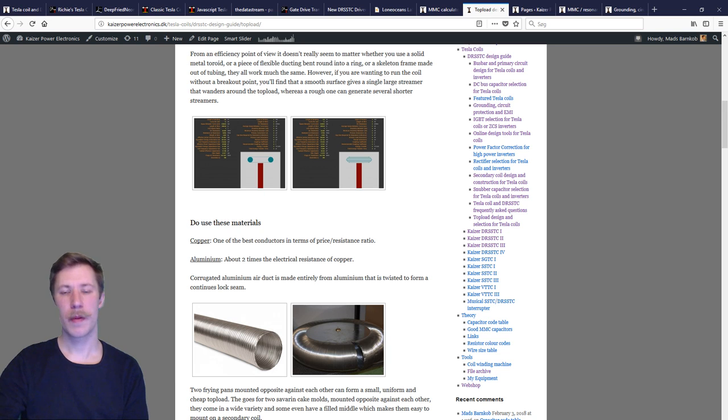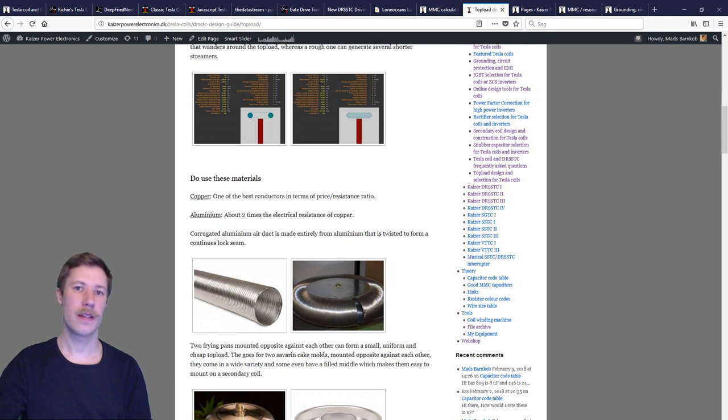Now, when it comes to material on toroids, aluminium is the superior choice. It's lightweight, it's cheap, it's easy to work with, it's easy to bend into shape, and it has just as good electrical properties as copper.